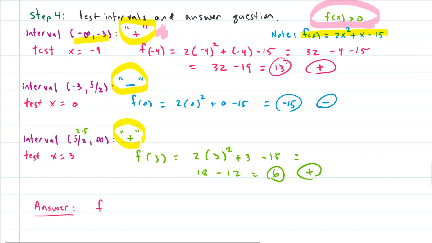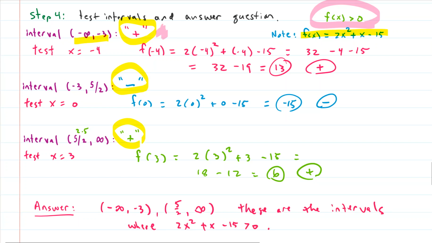So we can say -infinity to -3, and the last interval, 2.5 to infinity, or 5/2 to infinity. We could write these intervals are the intervals where the function 2x squared plus x minus 15 is greater than 0 or above the x-axis.